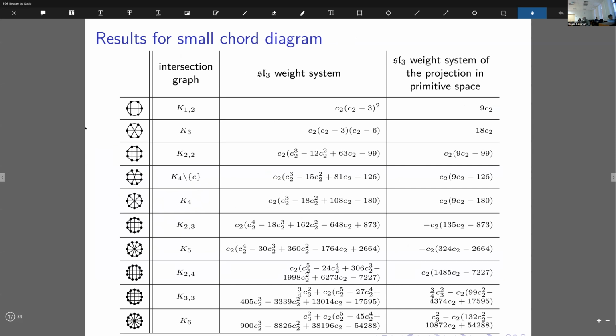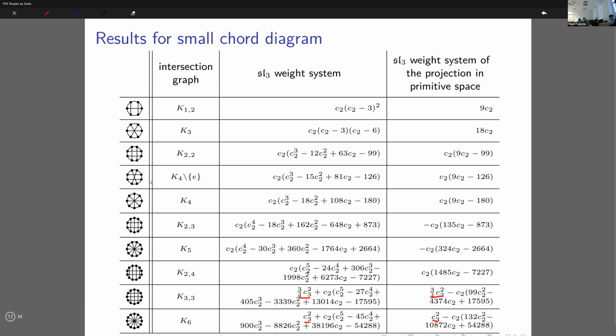You see, I attracted your attention that we have C3 in the last 2 lines, where we have the graph K33 and K6 as the intersection graph. And all the previous intersection graphs do not contain cycles of length 6 or greater.